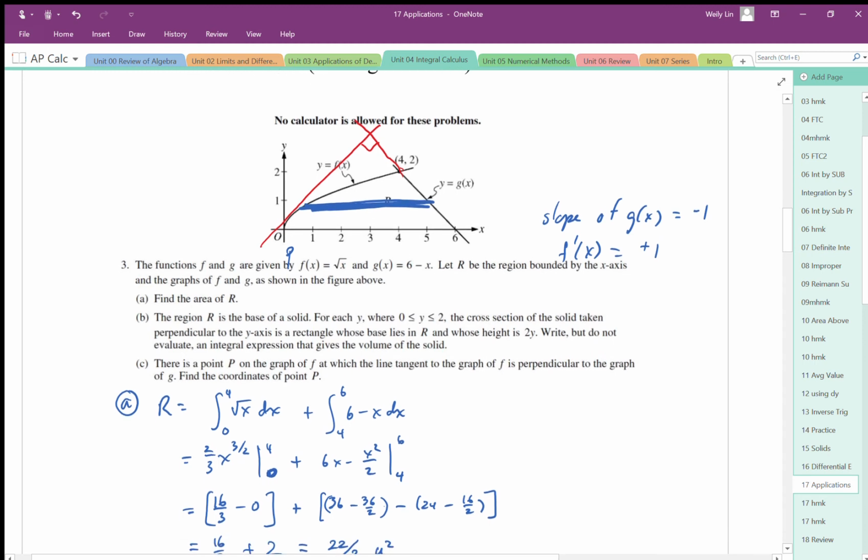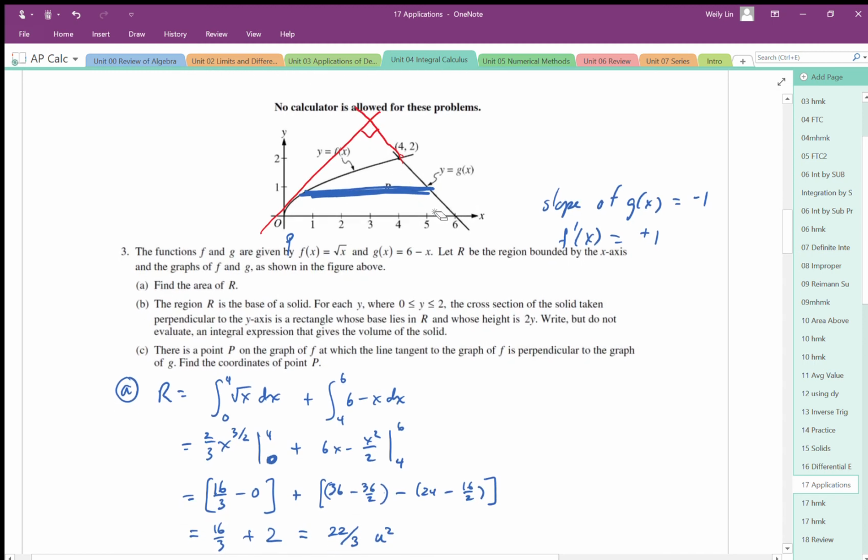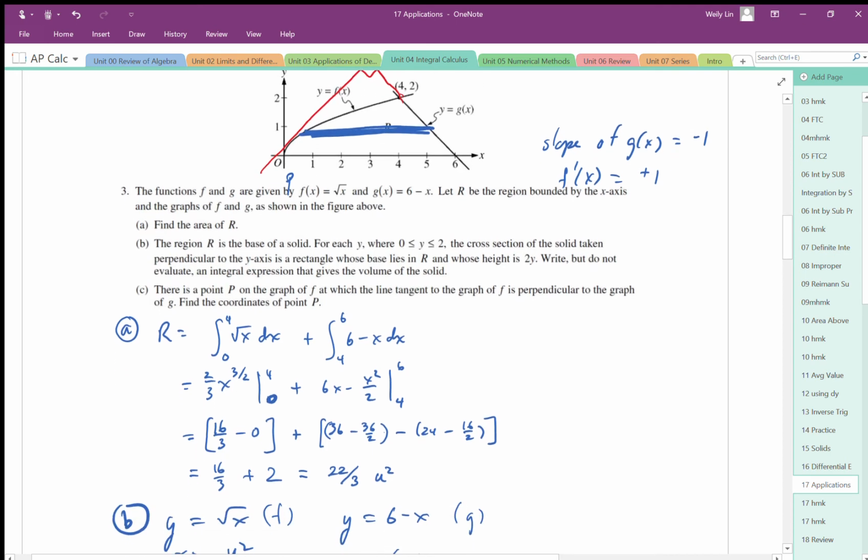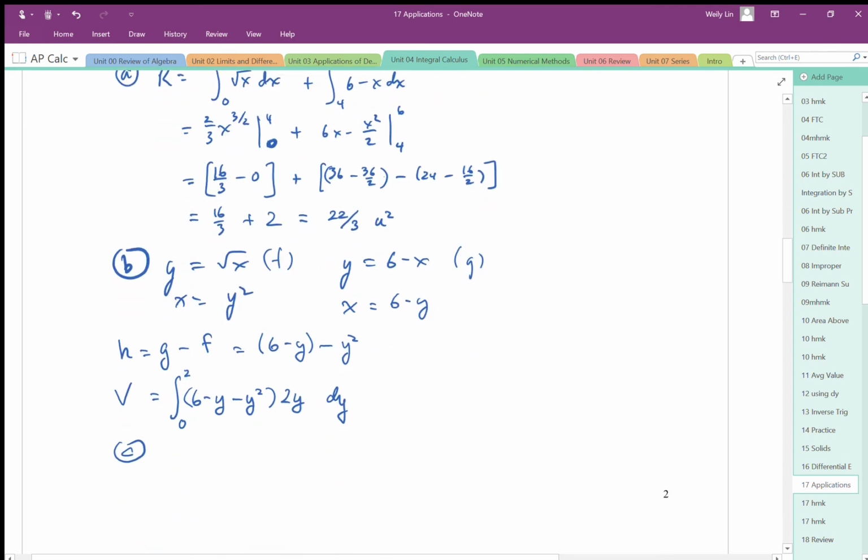That g function has a fixed slope of -1. So we want to know where the tangent line, or f prime, is equal to the perpendicular slope, which is +1. That's going to be 90 degrees to the slope of g.